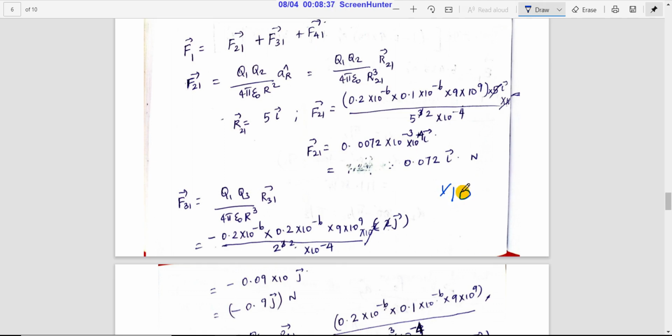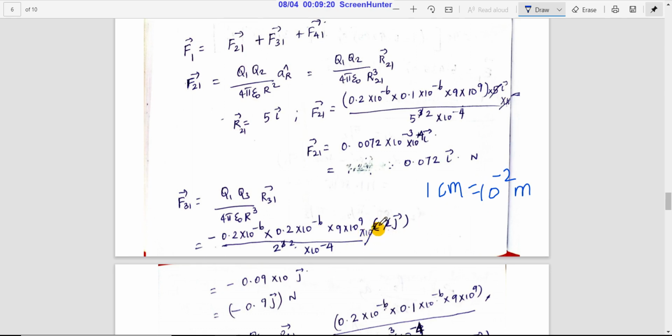In order to change the centimeter into meter, 1 centimeter is equal to 10 power minus 2 meter. So in order to change the centimeter into meter, here also we have to change.